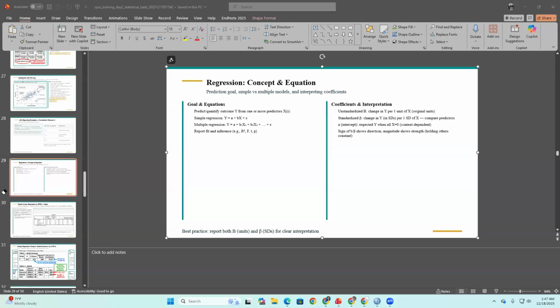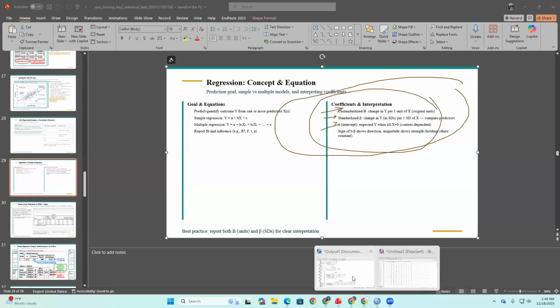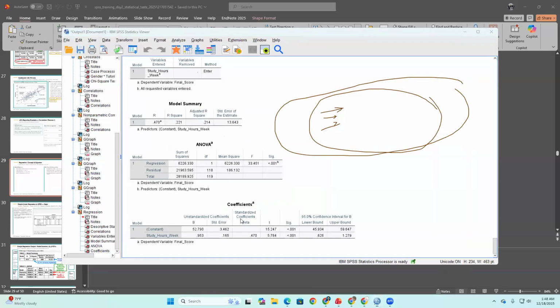Now please focus on this. Can you construct the equation from your output? What is the intercept, what is the standardized B, what is the unstandardized B? How to generate the equation for the conceptual model? Yes, I am going to that point. Coefficients and interpretation, I am going to that point. Can someone write the equation for this model? For the equation, we will use this.